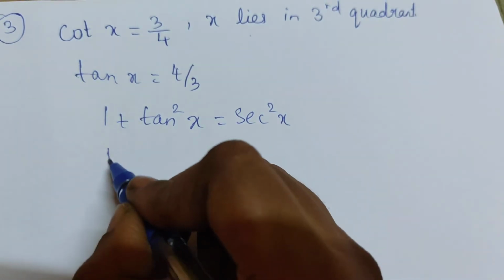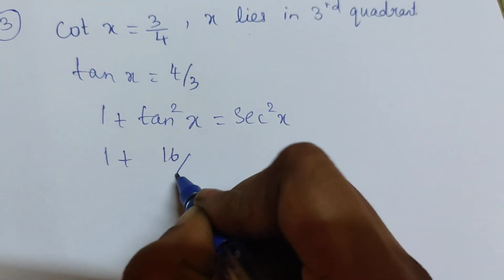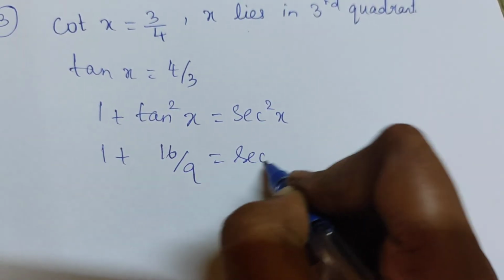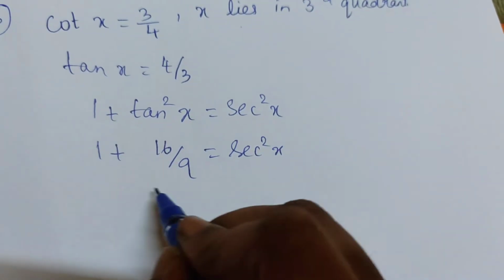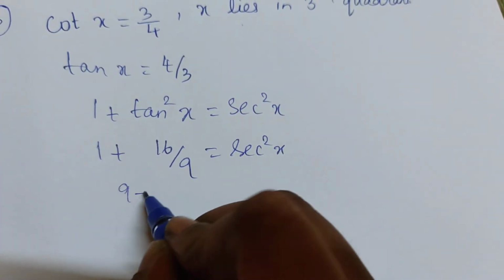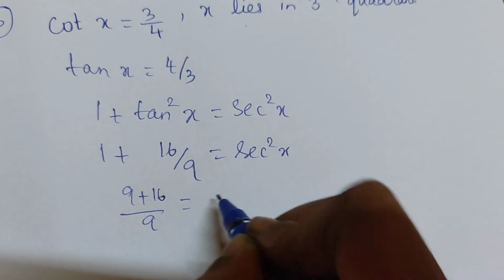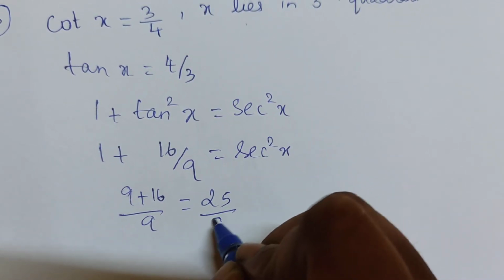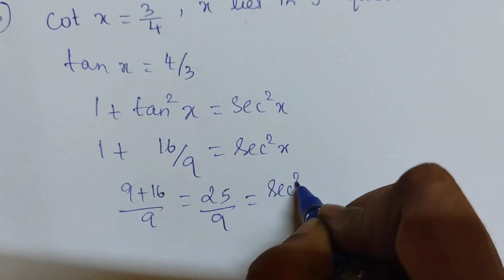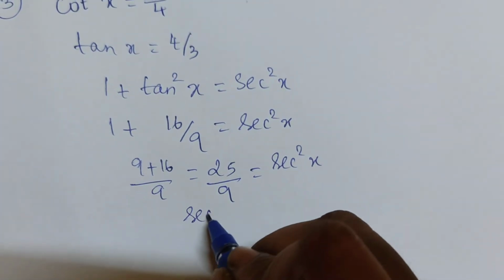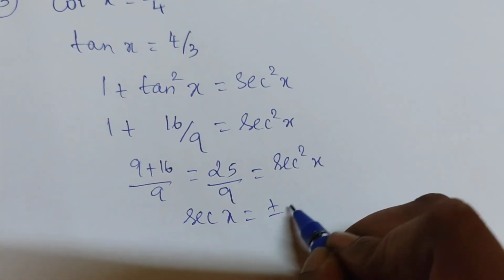So here 1 plus 16 by 9 is equal to secant square x. When we simplify this, we get 9 plus 16 divided by 9, which is 25 by 9, secant square x. So secant x will be plus or minus 5 by 3.